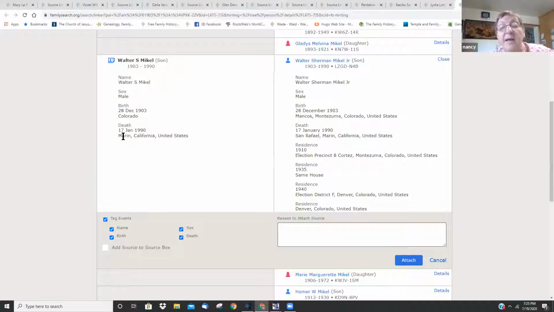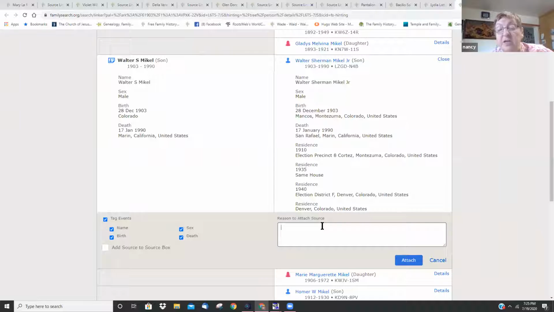That he died the 17th of January in Marin County, California, and my records say not just Marin County, but that it was San Rafael. So I know enough now to know that what was in the death record and what is in my copy of Family Search match.